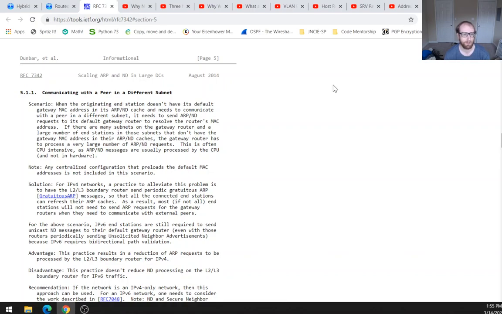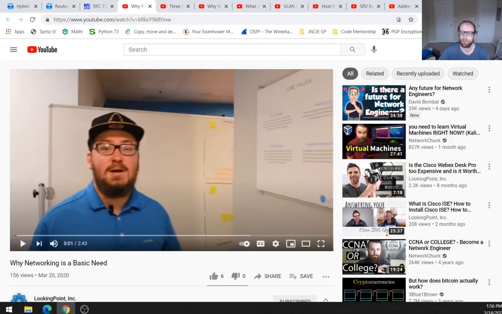If there are many subnets on the gateway router and a large number of end stations in those subnets that don't have the gateway MAC address in their ARP/ND caches, the gateway router has to process a very large number of ARP/ND requests. This is often CPU intensive, as ARP/ND messages are usually processed by the CPU and not in hardware.